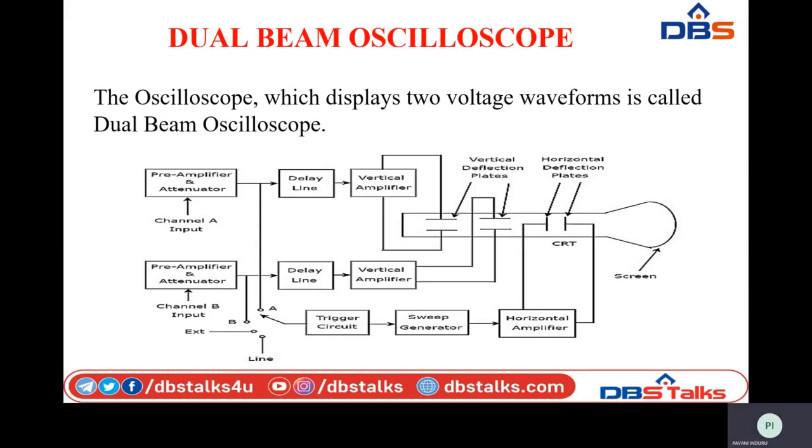These blocks are used for strengthening the signal and handing it over to the vertical deflection plates. So in the dual beam oscilloscope, we use two electron guns to produce two voltage waveforms on the screen.